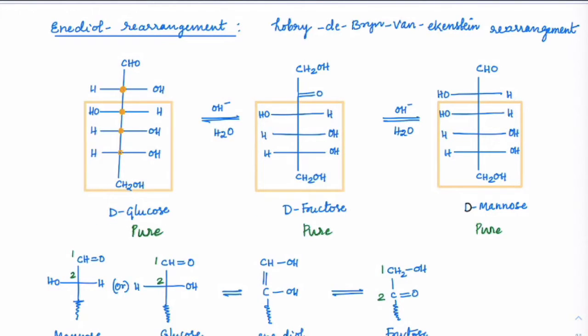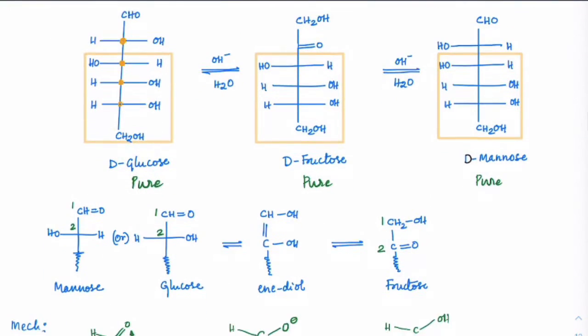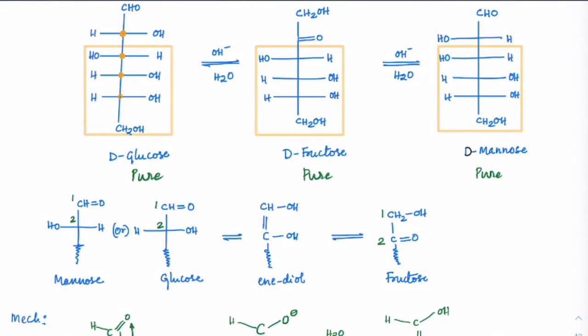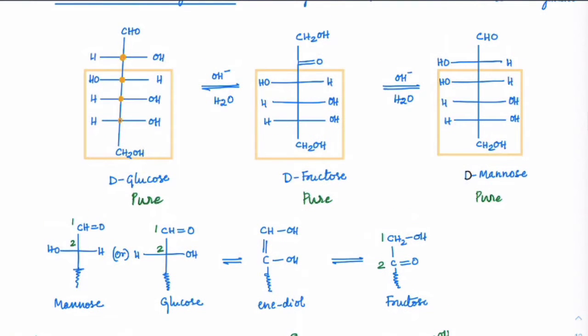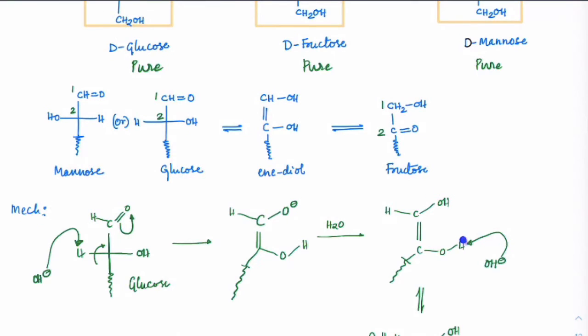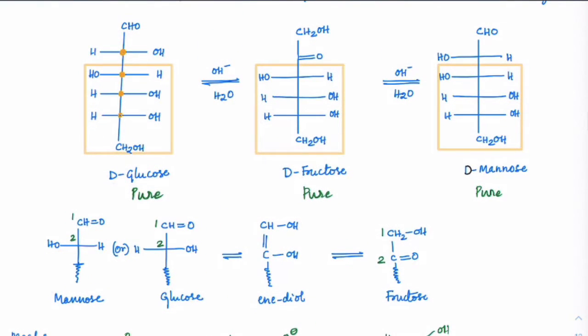Everybody understood that? Okay, what happens in acidic medium? In acidic medium, the reaction will be pretty slow first of all, because of the formation of enol and then extracting this proton. Even after formation of enol here, extracting this proton becomes very difficult in acidic medium. So this type of interconversion or rearrangement is observed best in basic medium as compared to acidic medium.